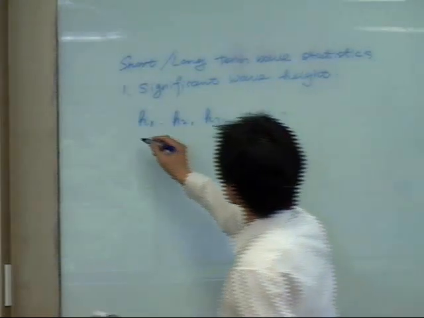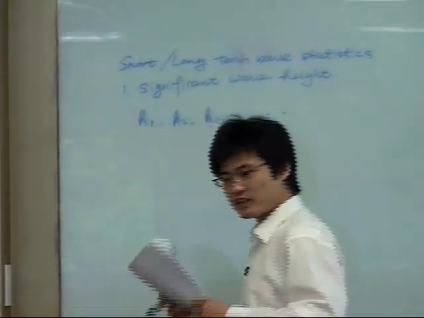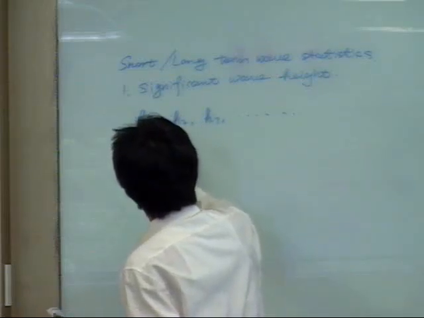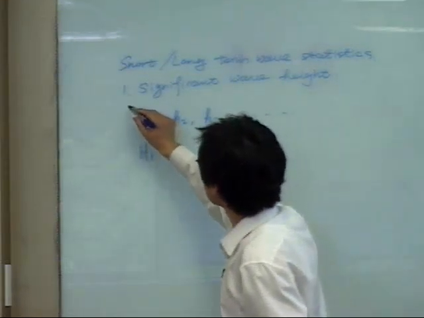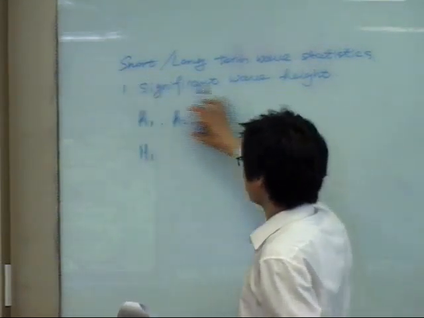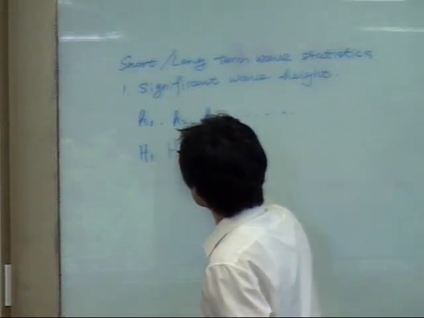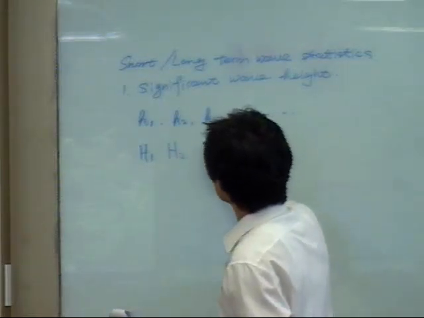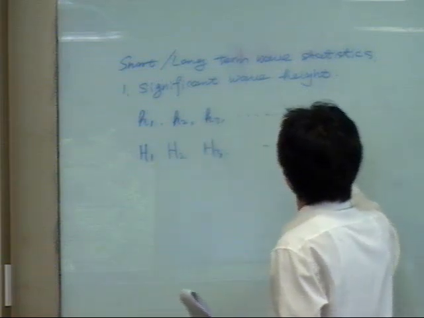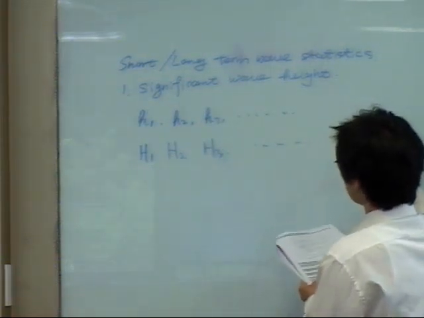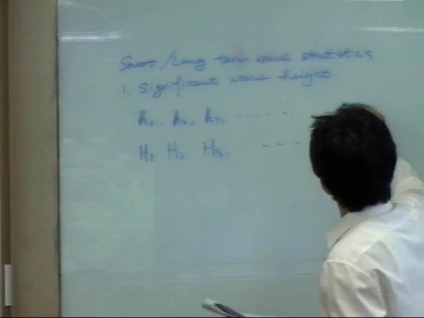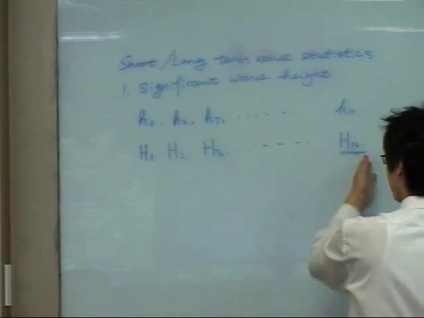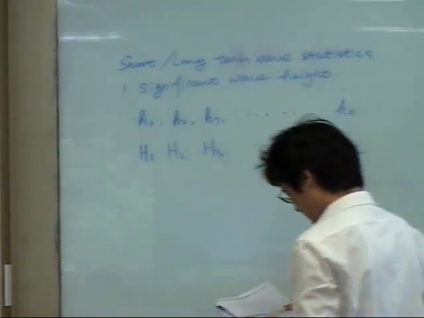Now I order those. I find the largest one here from this. This is called a sample. Then I find the next, the second largest one, and the third largest one, until n, which is the smallest one. I'm ordering from the largest to the smallest.